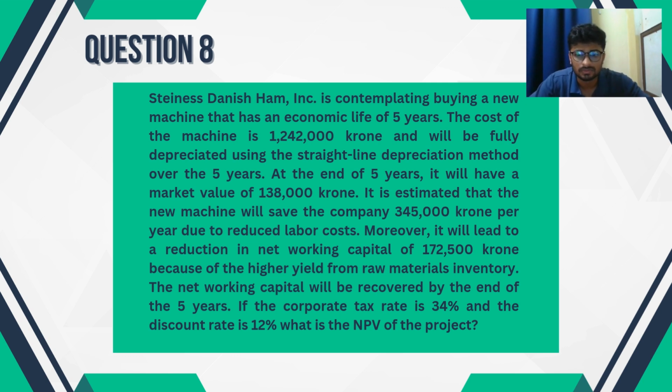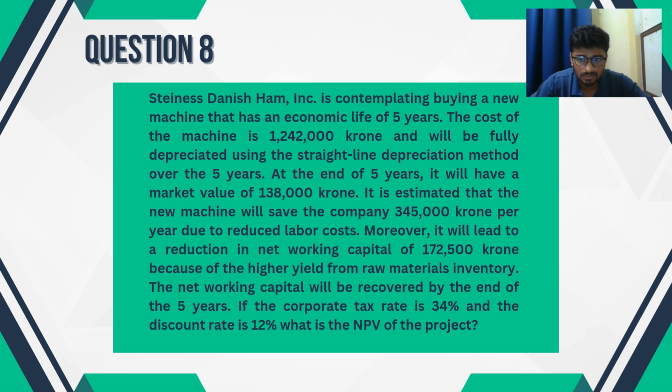In question number 8, Stainis Denisham Incorporate is contemplating buying a new machine that has an economic life of 5 years. The cost of the machine is 1.242 billion kron and will be fully depreciated using the straight line depreciation method over the 5 years. At the end of the 5 years, it will have a market value of 138,000 kron.